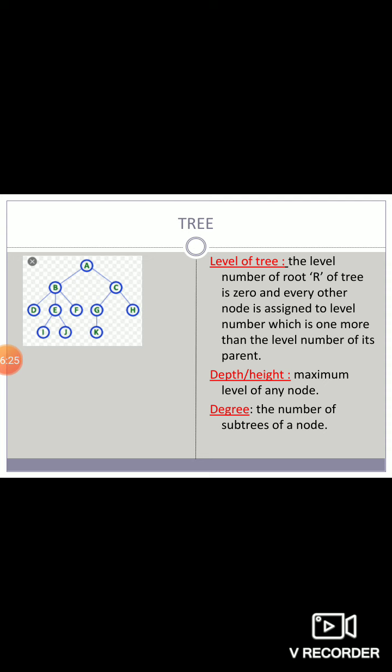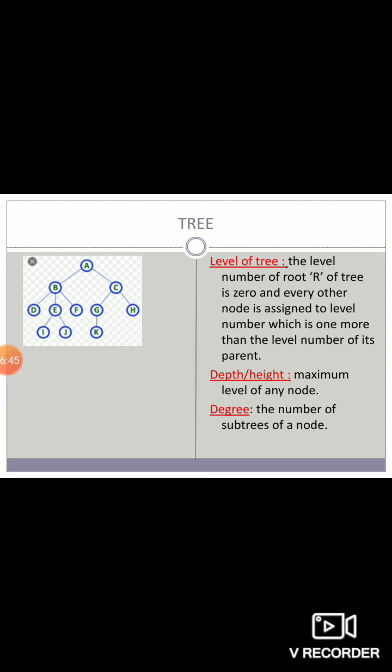Always keep in mind that the root has level 0, and every next level increments by 1.